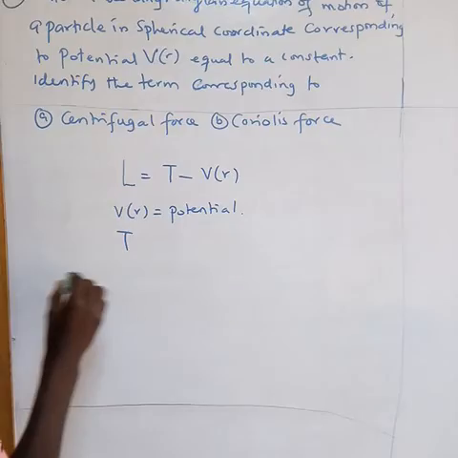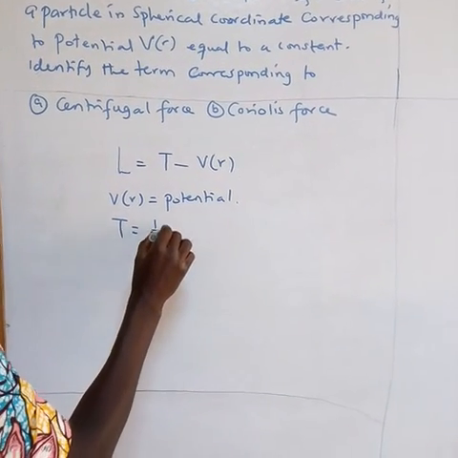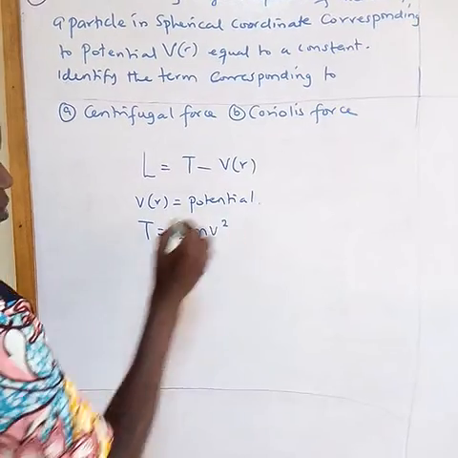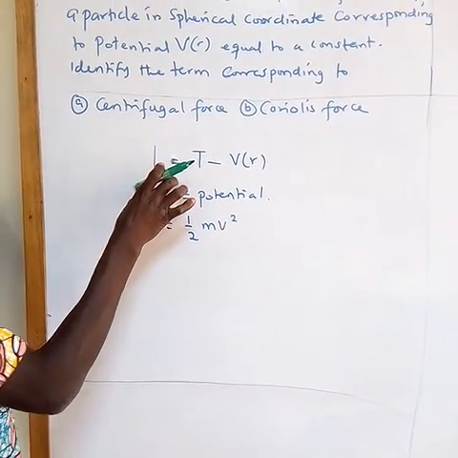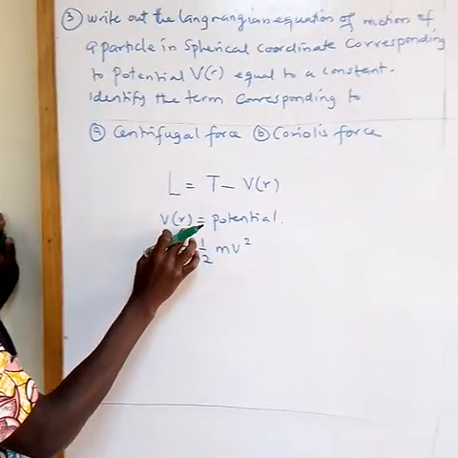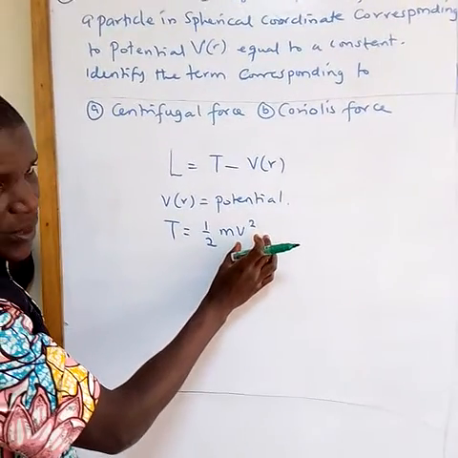and T is the kinetic energy, which is equal to half mv squared. Please note there's a difference between this V and this particular V. This one is with respect to R, while this one is the speed, the velocity.